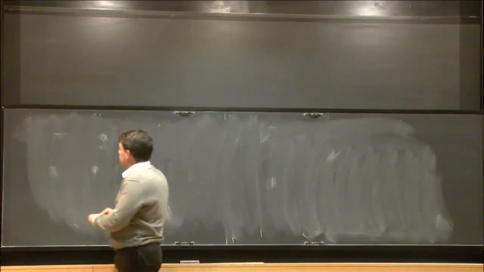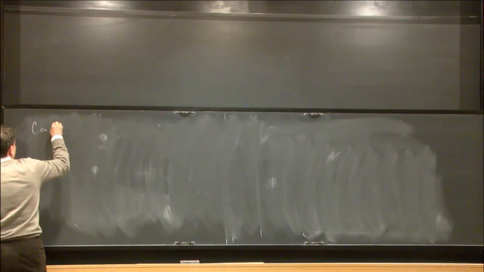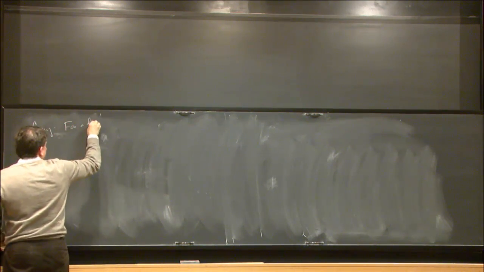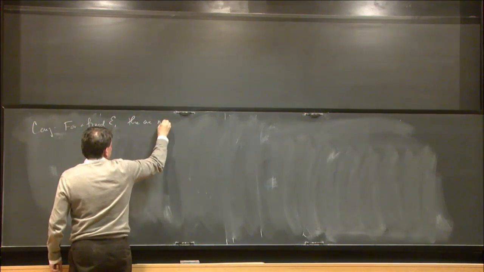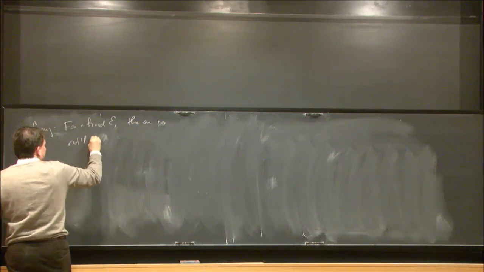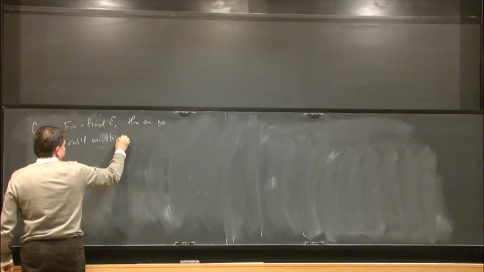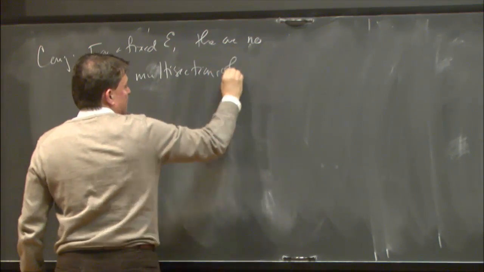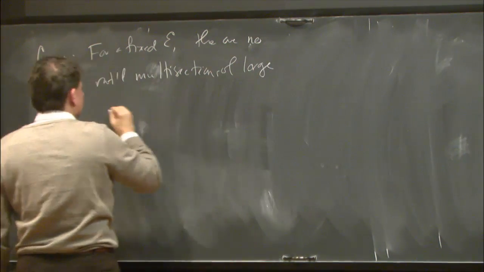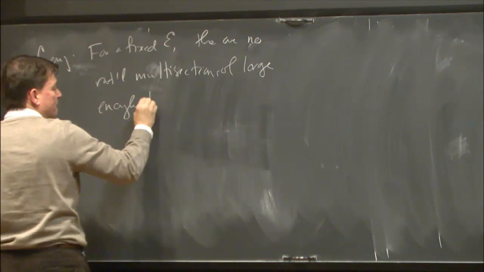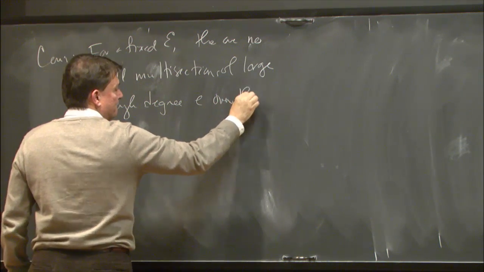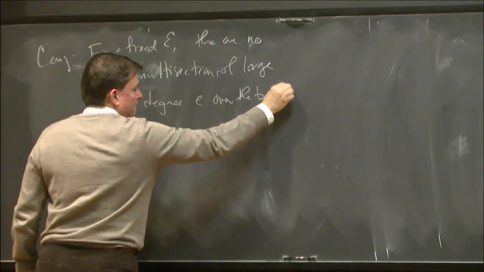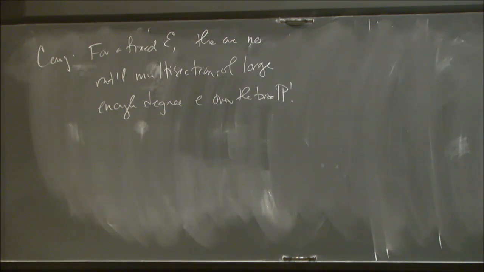The conjecture is that there are no rational multisections of large enough degree over the base P1.